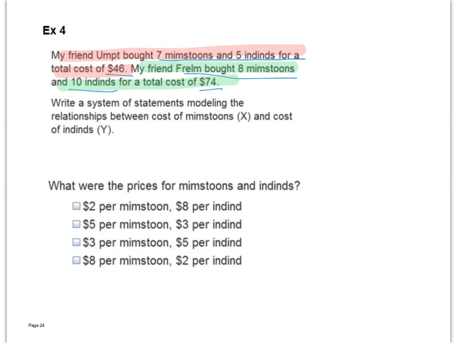The first equation with Umpt is 7 Mimstoons times whatever they cost, and 5 Indins times whatever they cost. That should give that Umpt spent $46. Now, Frown bought 8 Mimstoons for I don't know how much, so we'll multiply by the cost, and 10 Indins, whatever the heck Indins are, and he spent $74.